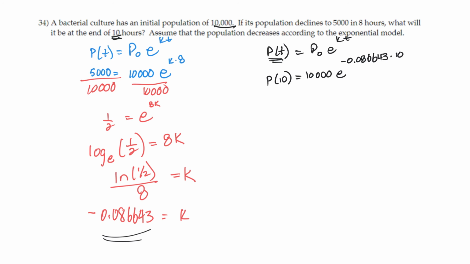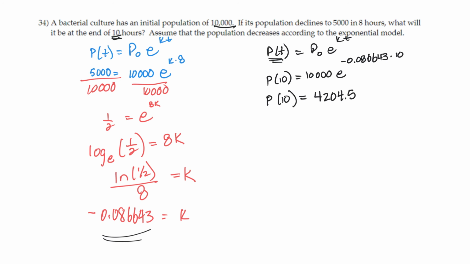So 10,000 and then e to the, and then in brackets I'm going to put negative 0.086643 times 10 bracket go. So the population after 10 hours is going to be 4,204.5 about. It doesn't tell me where to round it, but that would be sort of what it would be.